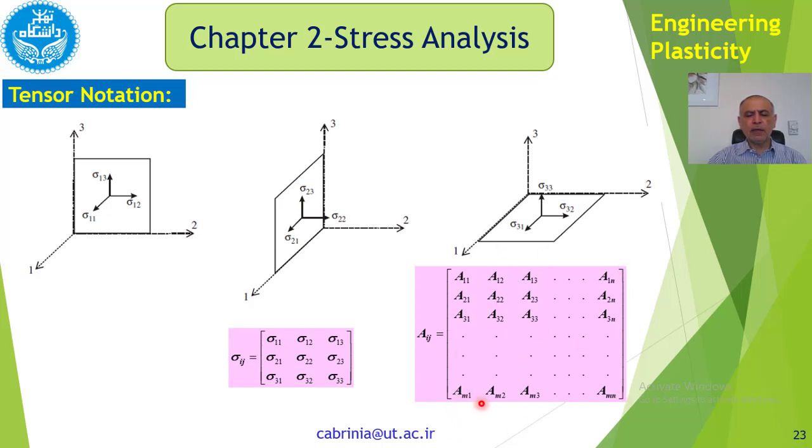Therefore, we say that this is a matrix of m times n. That is in general. Obviously, m and n can be any values, and this tensor notation is a very brief and very suitable notation.